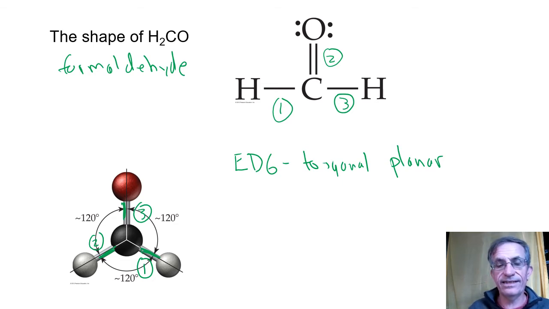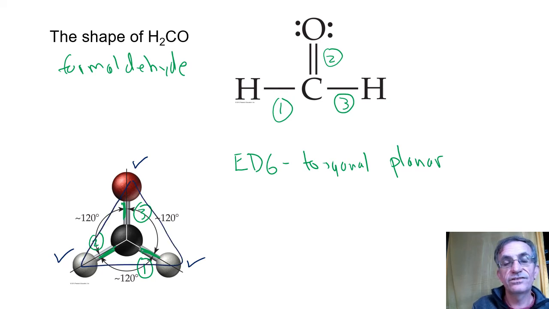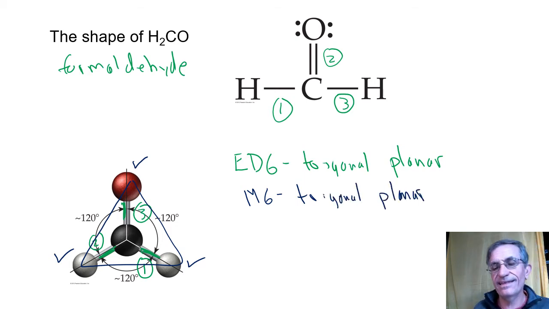The atoms, those spheres, are also making a triangle. So the molecular geometry is also called trigonal planar. You can notice they're doing the same thing. That won't be true in a minute, but for right now, it is. The bonds form a triangle, and the atoms make a triangle.